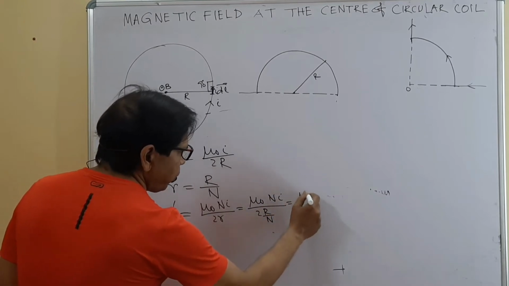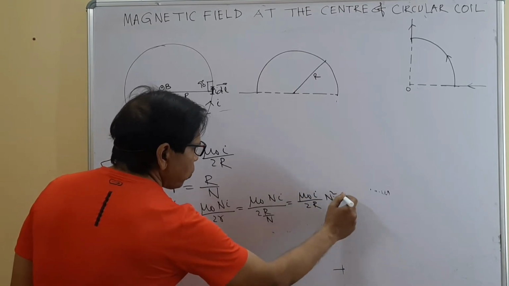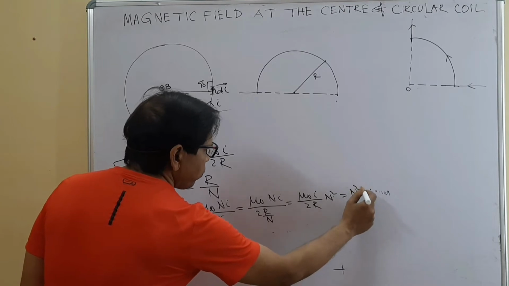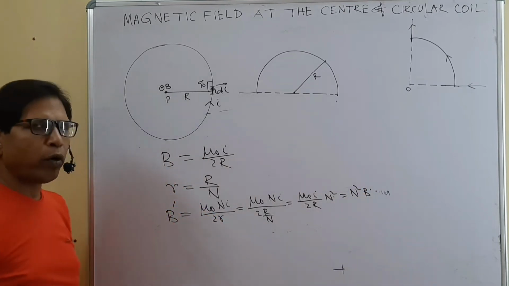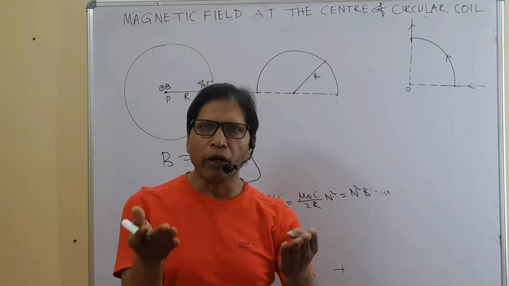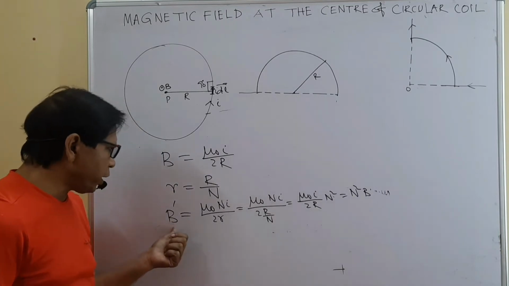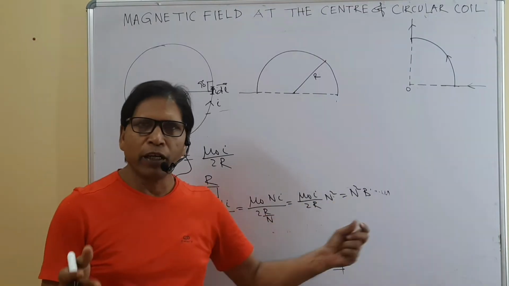So this is mu naught I by 2R into n squared, which is n squared into B. Therefore, if a coil of radius capital R is converted into a smaller coil of n turns, then the magnetic field changes to n squared times.